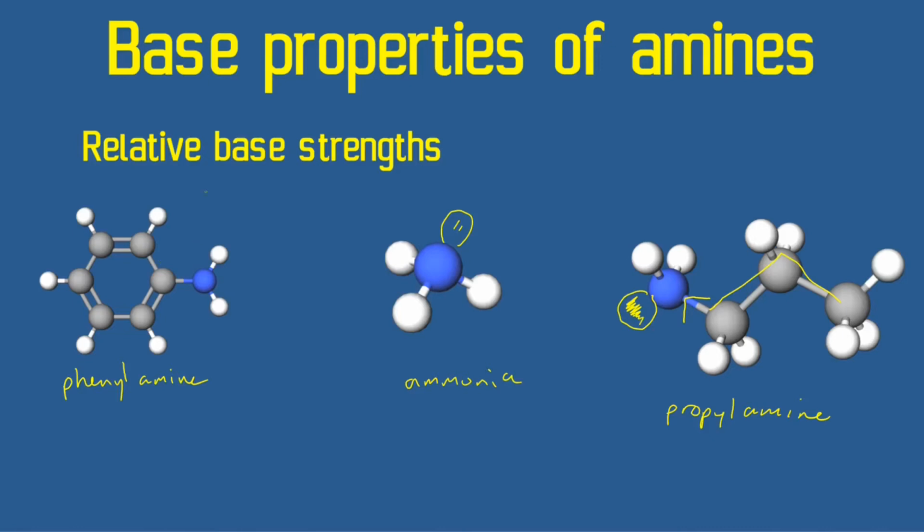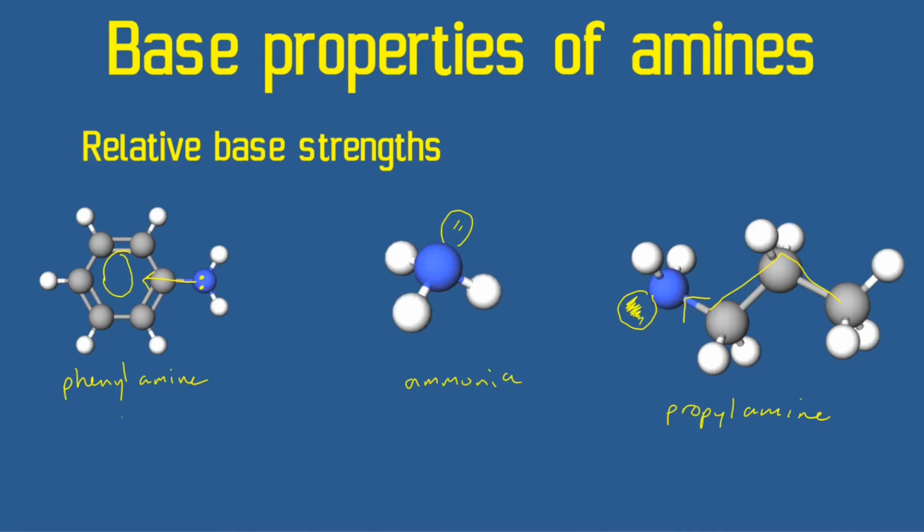But phenylamine, if we remember what happens here, in my benzene I've got my delocalized ring of electrons. Now what can happen is that the lone pair, I'm just going to draw it sat on the top here, from the nitrogen actually becomes delocalized into the ring. It helps stabilize the ring. It pushes electrons into it. It actually activates the benzene ring to make it more likely to undergo electrophilic substitution.